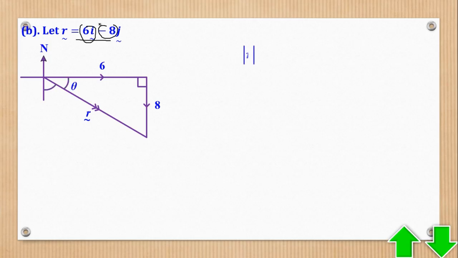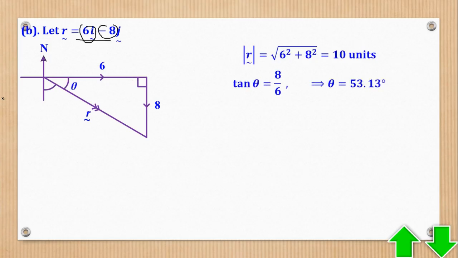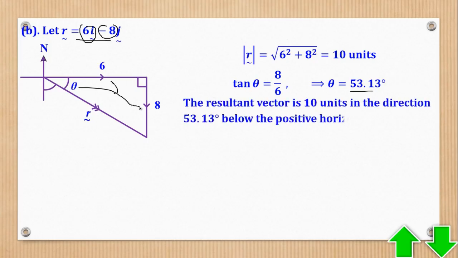From that triangle, you can get the magnitude using Pythagoras theorem and the angle using SOHCAHTOA. So tan theta is equal to opposite over adjacent, to give you this as the answer. Then you can state the magnitude and the direction. This conclusion is vital. It has to be seen.